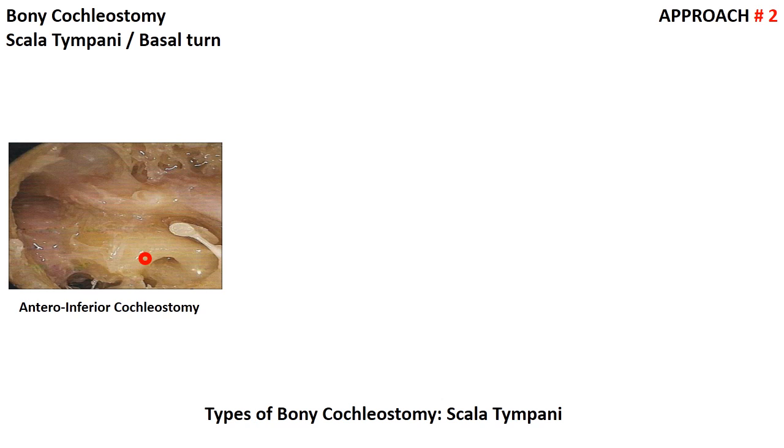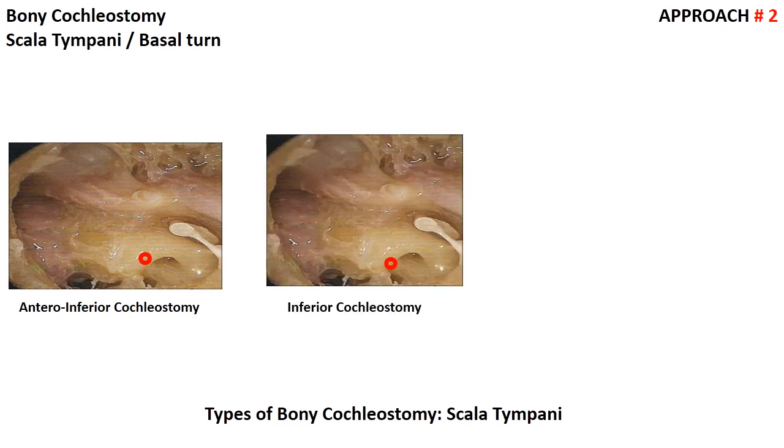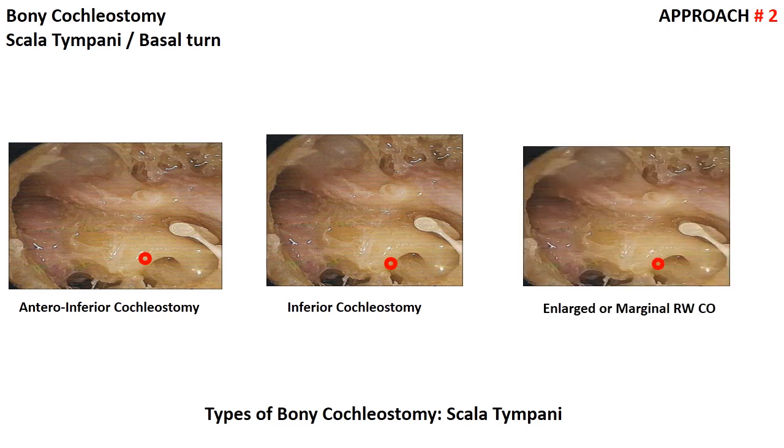So keep inferior, antero-inferior. And the tendency now is to go inferior more and more to be safe in the scala tympani. Sometimes we do an extended or marginal round window, meaning that we remove the round window membrane and we can extend it anteriorly in a bony cochleostomy.